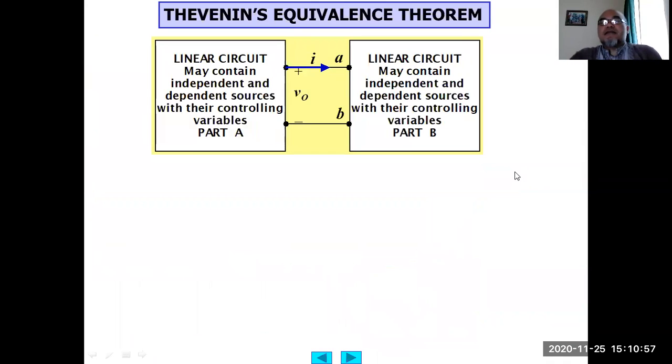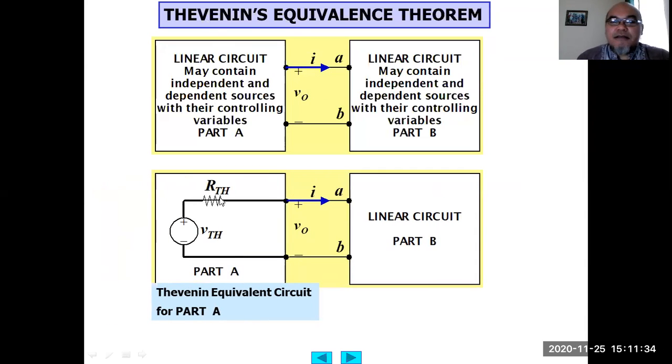Okay. So Thevenin's equivalence theorem states that a linear circuit may contain independent and dependent sources with their controlling variables as part A, connected to a linear circuit that may contain independent and dependent sources with their controlling variables as part B. Here, part A has an output voltage of VO and supplies current I towards terminals A and B, according to the passive sign convention.